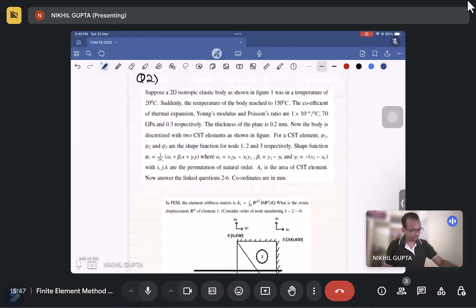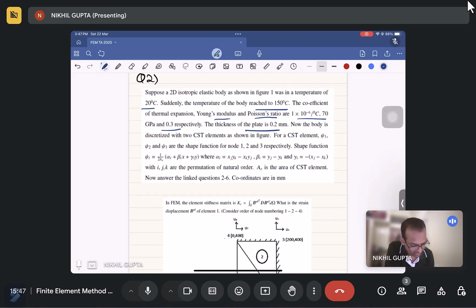Okay, let's solve question number 2. It says, suppose a 2D elasticity body as shown in figure 1 was at a temperature of 20 degrees Celsius. Suddenly the temperature of the body reaches 150 degrees. Coefficient of thermal expansion, Young's modulus and Poisson ratio are given.